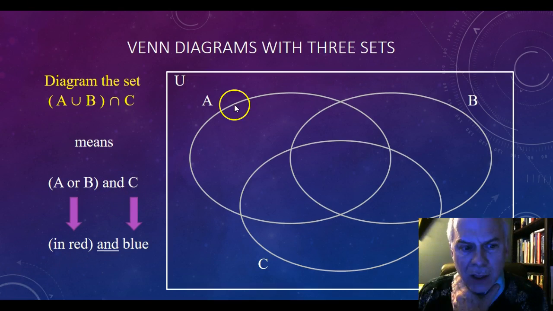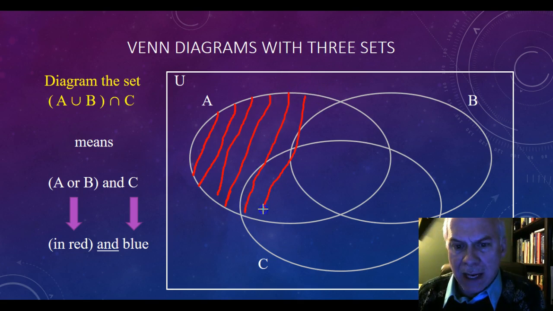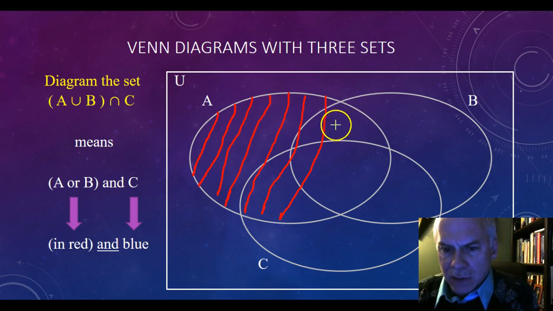Okay, so I'm now drawing A or B, which is everything in A combined with everything in B. So I'm going to start adding some things from B also.